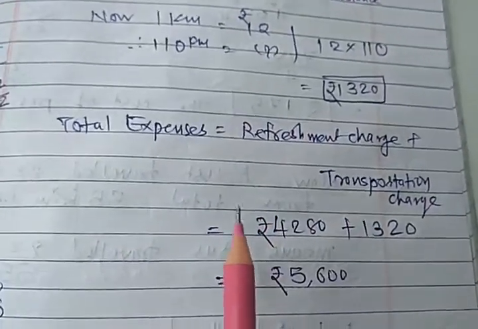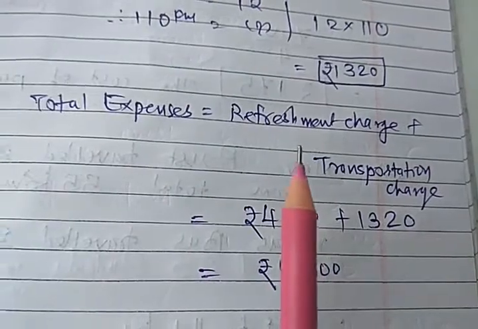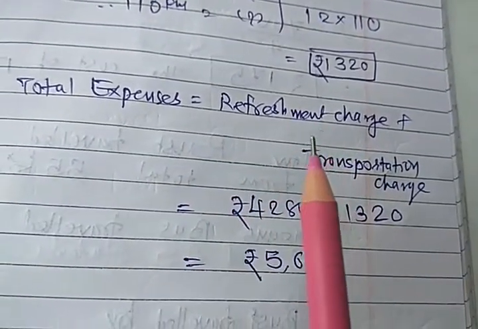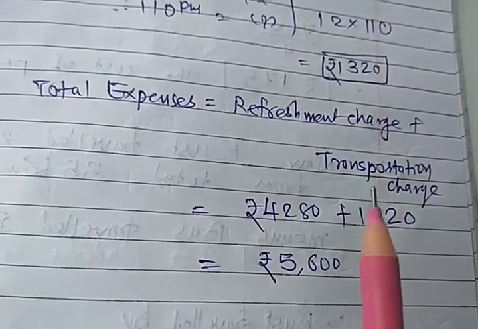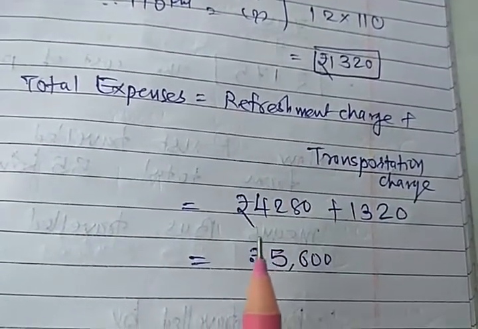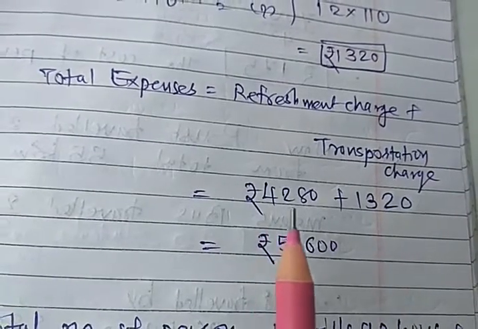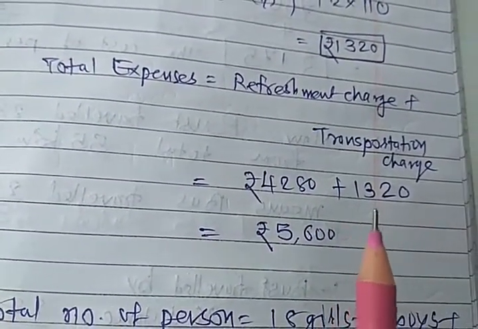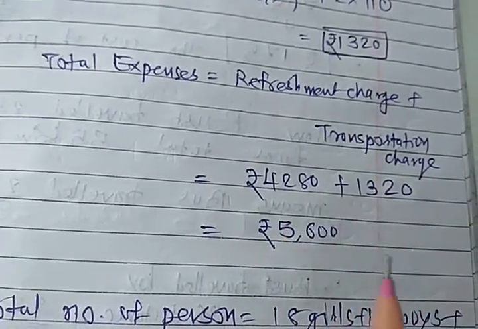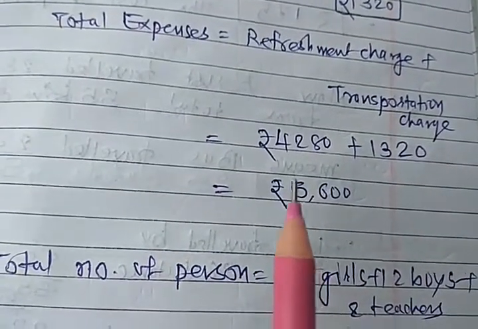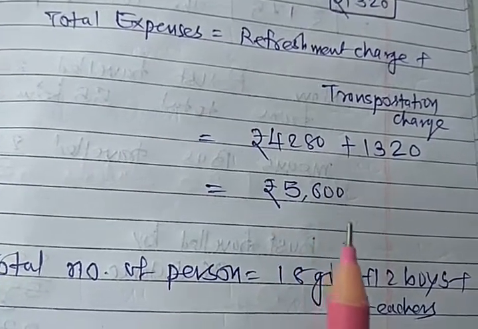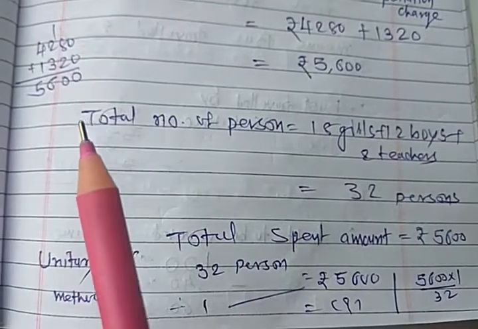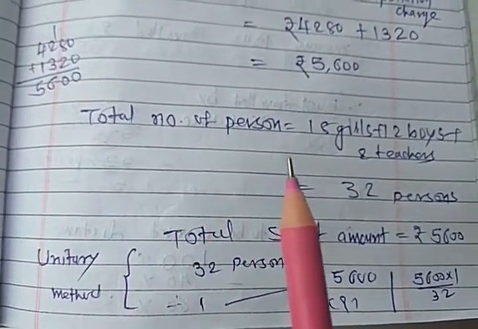Now total expense is equal to refreshment charge, that is the snacks expense, and transporting charge. The snacks expense is given as 4280 and we have found out the transportation charge, 1320. Now add them together, you will get 5600 rupees.